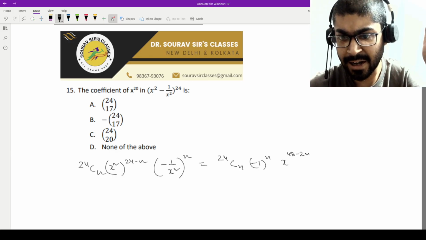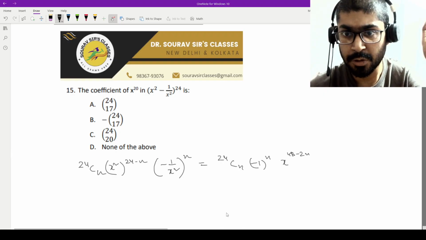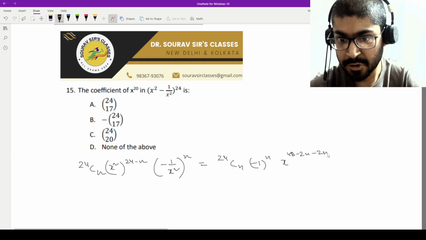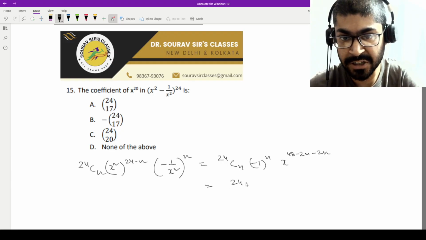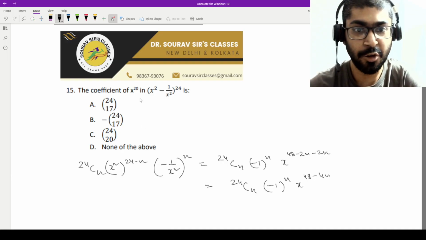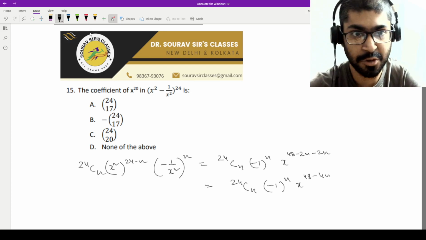What will I subtract? I'll subtract 2n, right, because this is x to the power minus 2 to the power n, so x to the power minus 2n. So this will turn out to be 24 CN minus 1 to the power n x to the power 48 minus 4n.